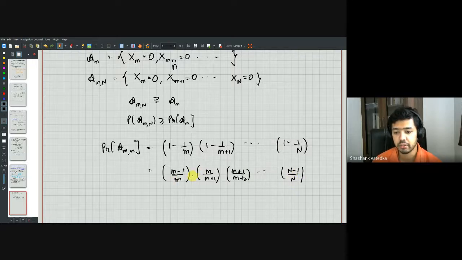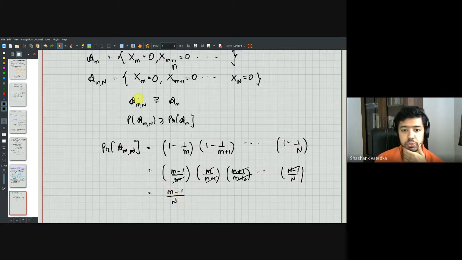This will be a telescopic quantity, so you can cancel these, and eventually what you will get is just m minus 1 over n. So the probability of AM comma N is basically m minus 1 over n.